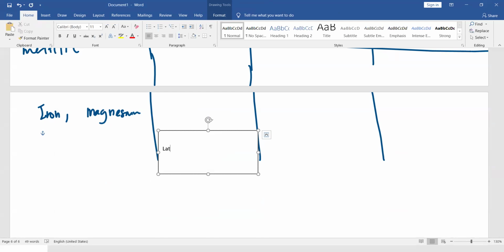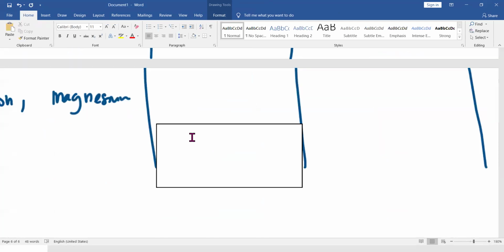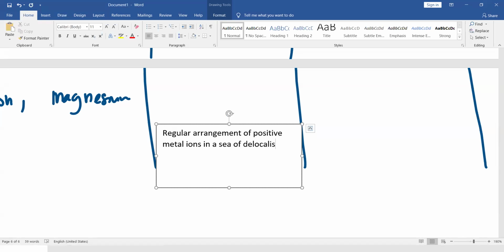It is a lattice or regular arrangement of positive metal ions in a sea of delocalized electrons. Delocalized means free.